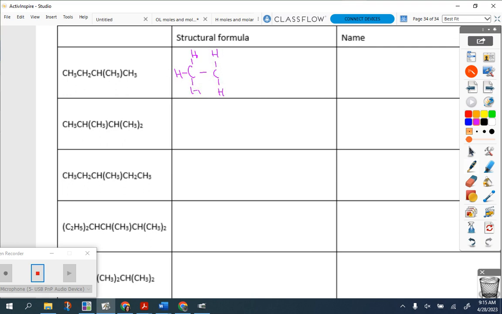If you get in the habit of recognizing that CH2 is just a carbon in between 2 carbons with 2 hydrogens on it, generally speaking, if it's in the middle, that's what it's going to look like. There are no double bonds there. Generally, it'll tell you if there's a double bond, but not always. So CH2, CH, CH3, meaning that this carbon has a hydrogen and a methyl group.